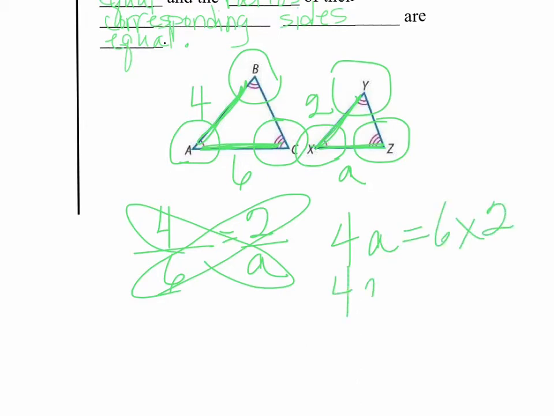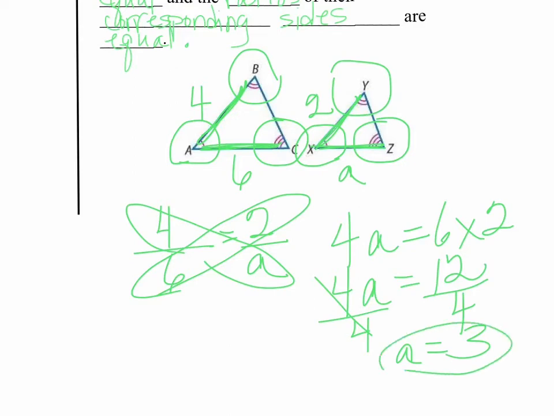That would be 4A equal to 12. Divide both sides by 4. That is correct. A is equal to 3. The value of A is 3. The corresponding angles are equal, and the ratio of their corresponding sides is also equal.